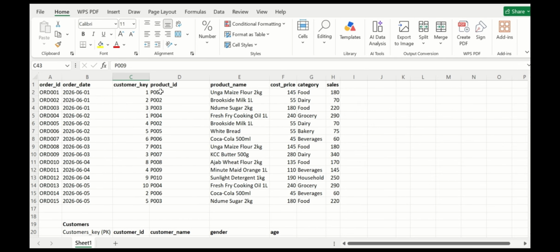Now let's change this one to be our product key.